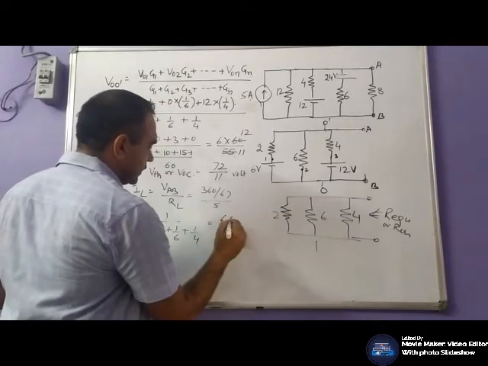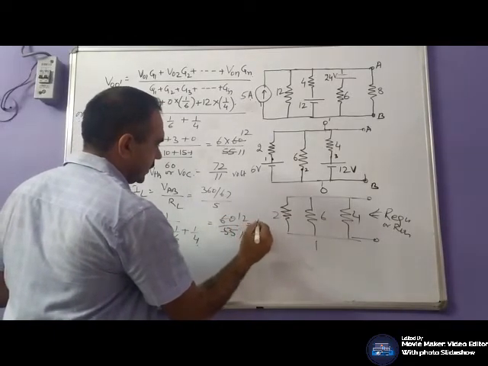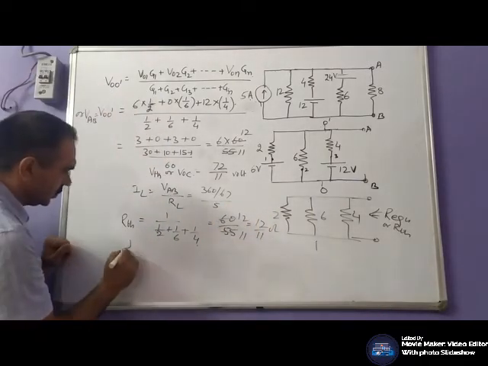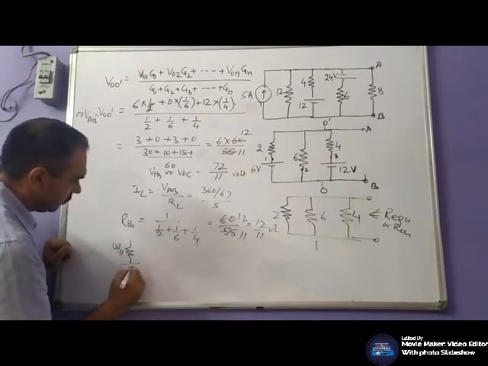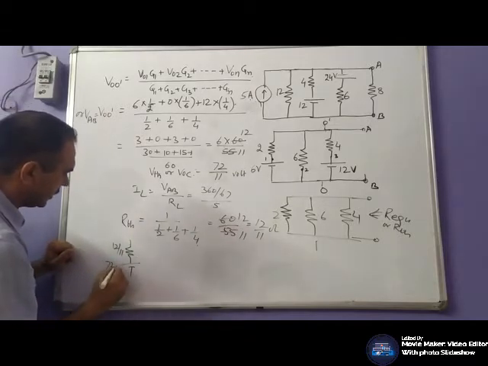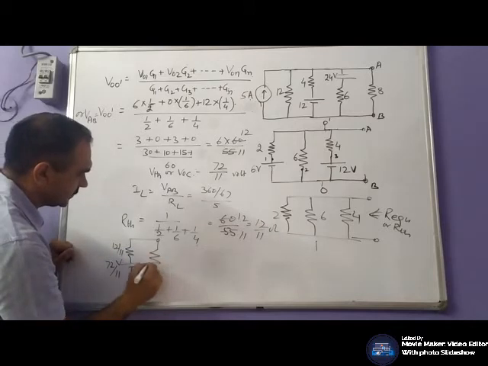It would be 60 by 55, 12 by 11 ohm. Now resistance was 12 by 11, voltage source was of 72 by 11 volt, and this is your load branch.